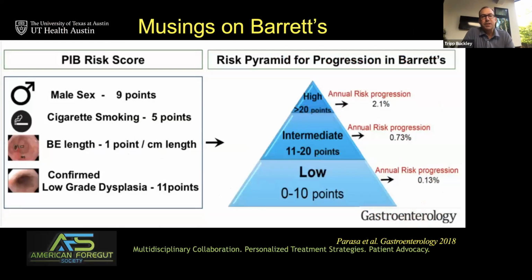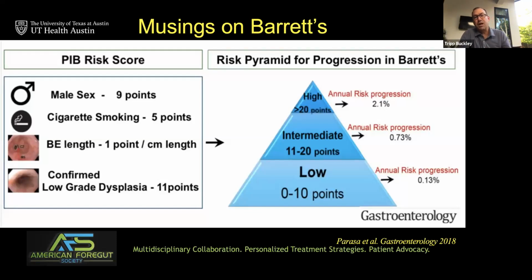I think this is an important slide that I like to use, because often when folks talk about Barrett's, they mention that the relative rate year over year of progressing to esophageal cancer is pretty low, but that's in low risk patients. So you really need to score your patients and look at them as individuals, not just whether they have cancer. You've got to take length into account, male sex, smoking, and then whether they have any low grade dysplasia.